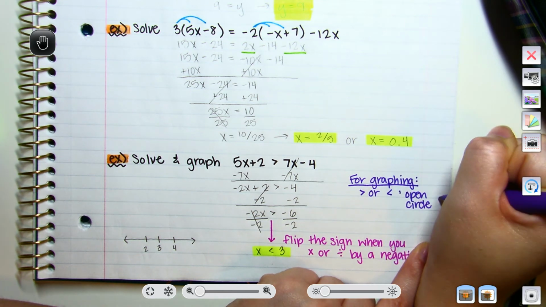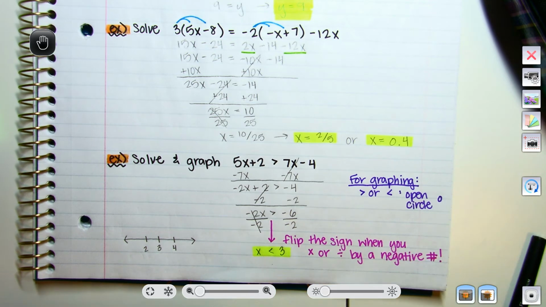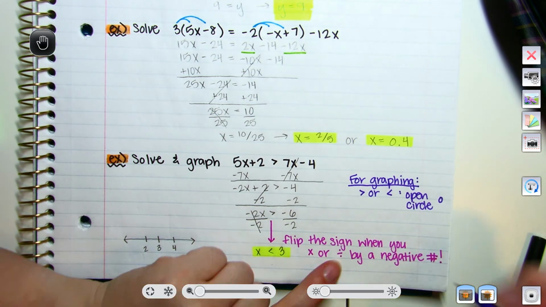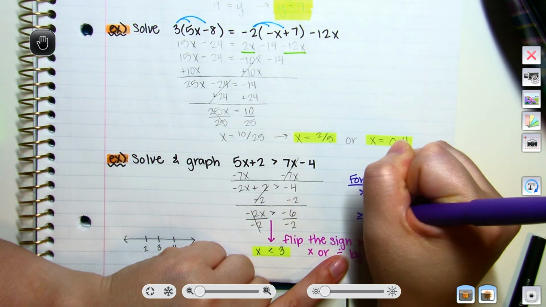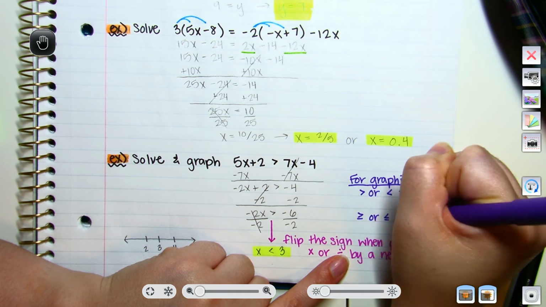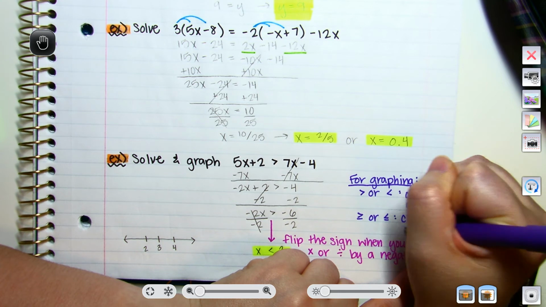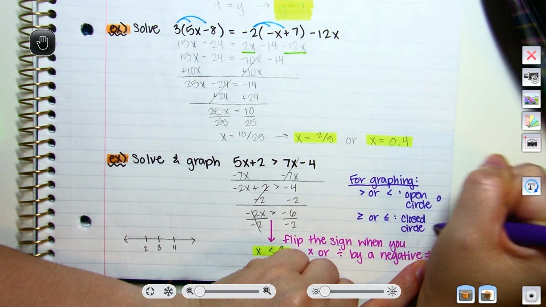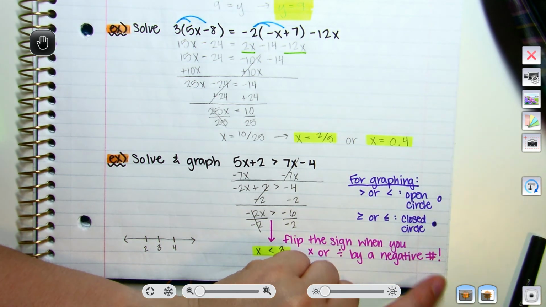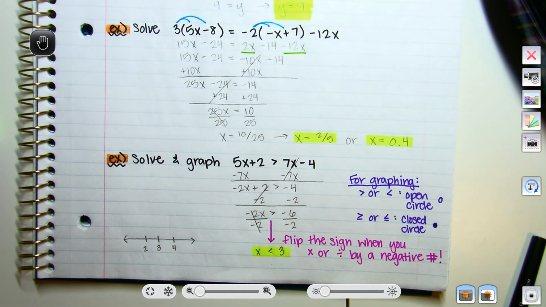What that means is that that number is not included as part of your solution. When it's greater than or equal to or less than or equal to, it's going to be a closed circle. So are you going to have an open circle or a closed circle for this graph? Good, it will be open.